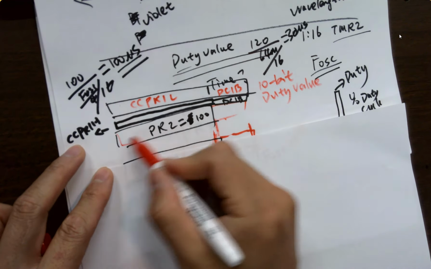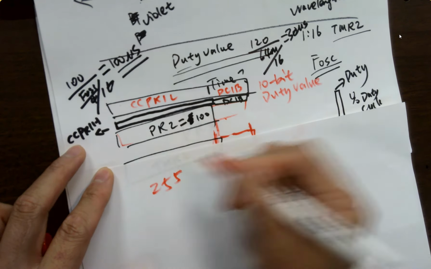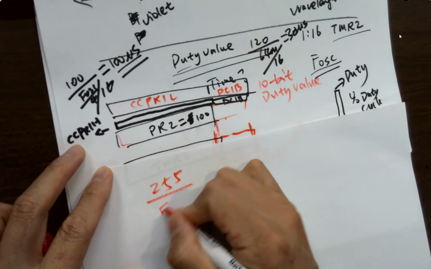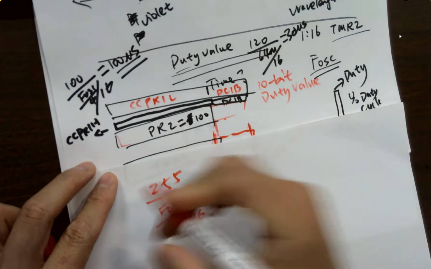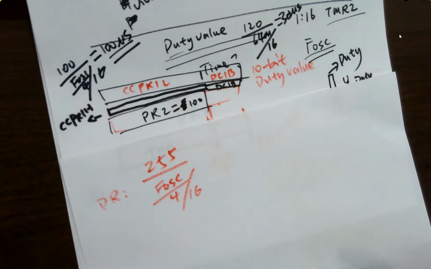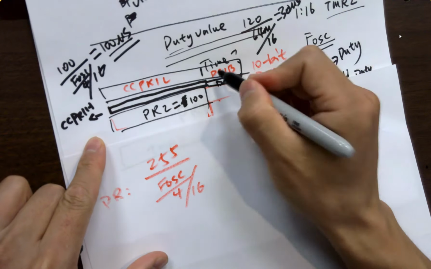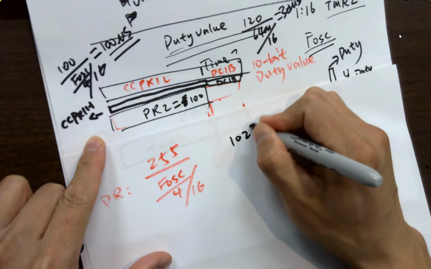So let's see. What's the maximum of the 8-bit? All 1s, right? All 1s divided by what? FOSC over 4 divided by 16. Okay, that's for the period, right? What about this one, 10 bits? The maximum will be 1023, right?